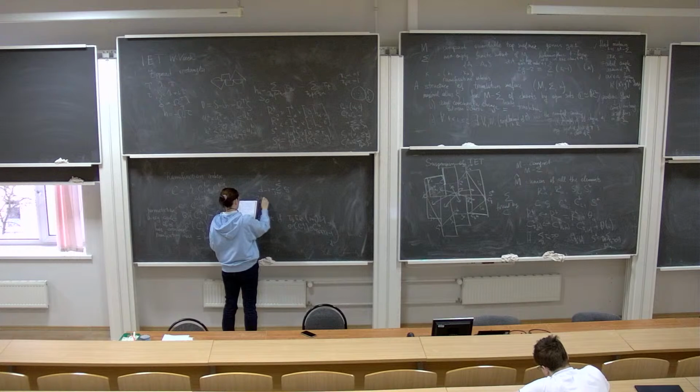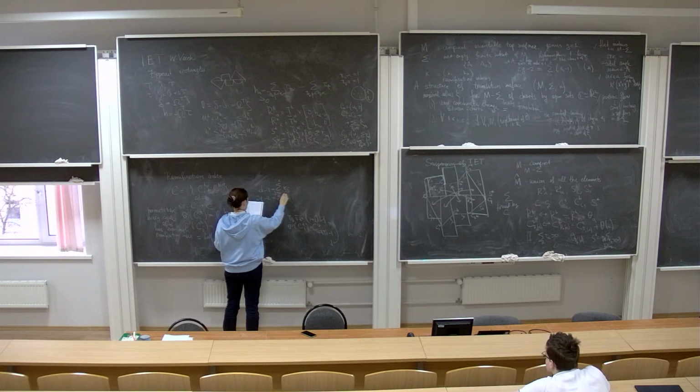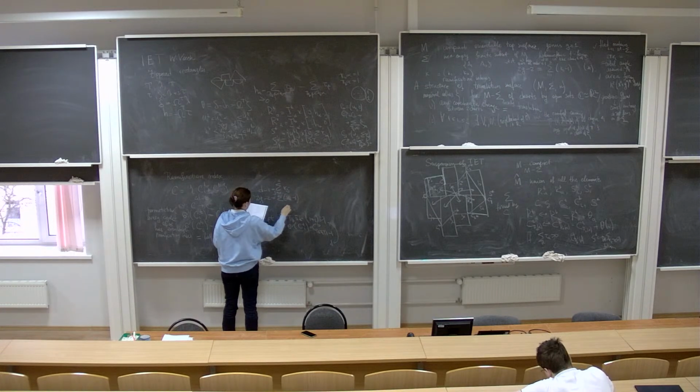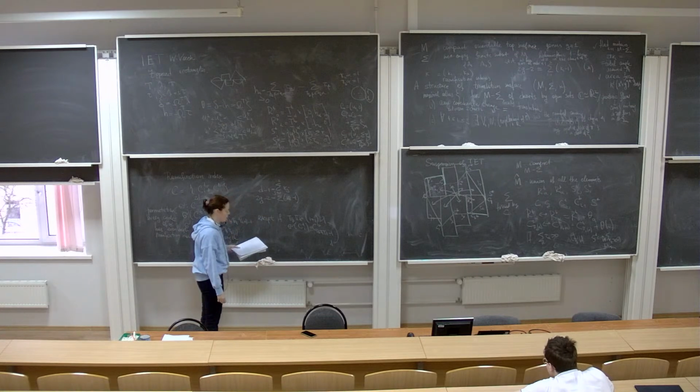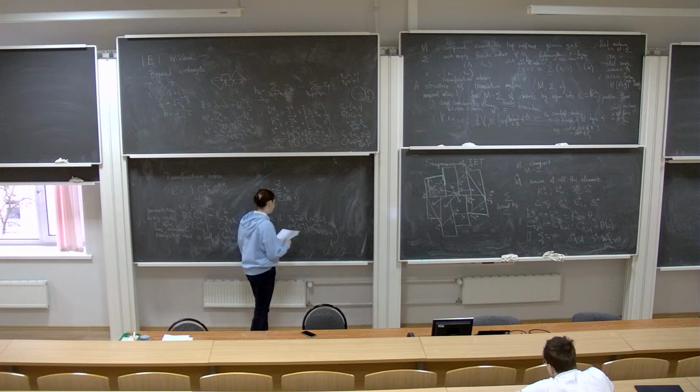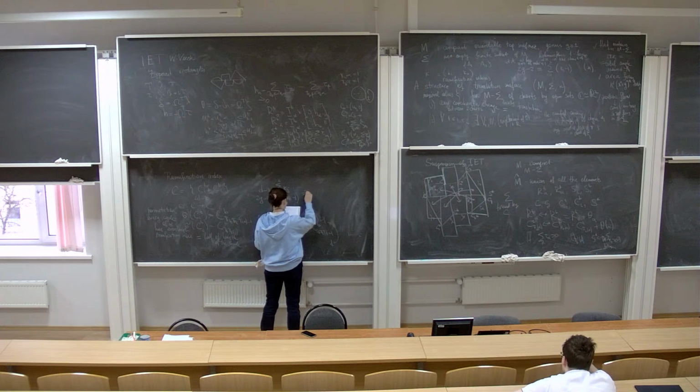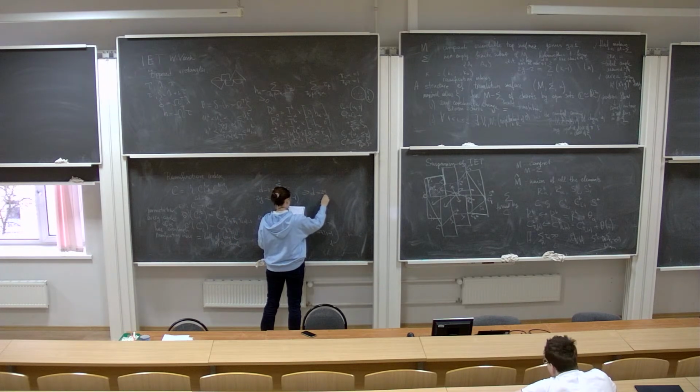And thus, since we already discussed that we have this corollary from the Riemann-Roch formula, we know that d is 2g plus s minus 1.